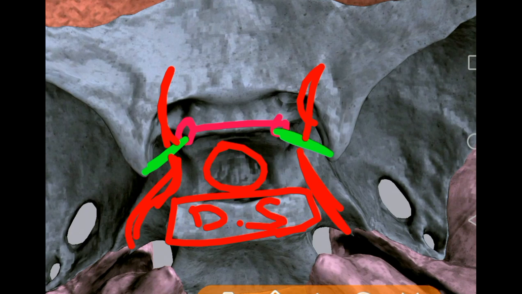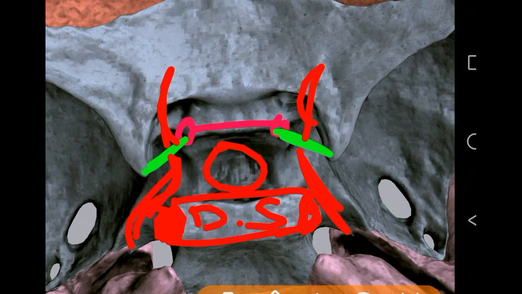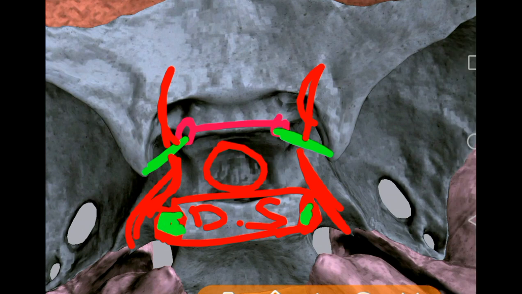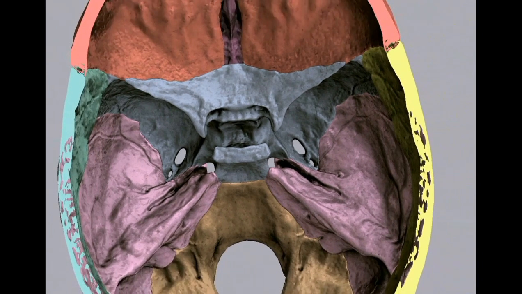On either side it presents what? Posterior clinoid process. Now we will see again. This posterior clinoid process gives attachment to the attached margin of the tentorium cerebelli, whereas the anterior clinoid process gives attachment to the free margin of the tentorium cerebelli.